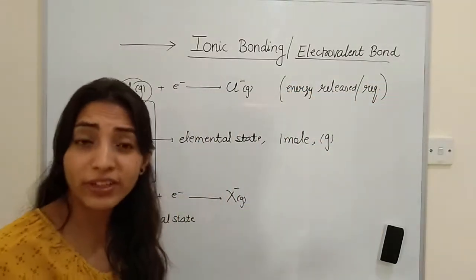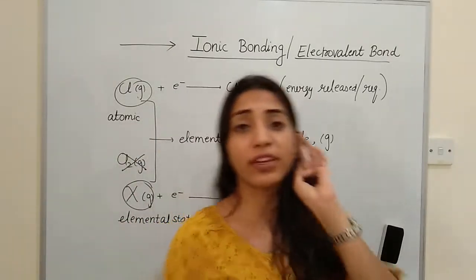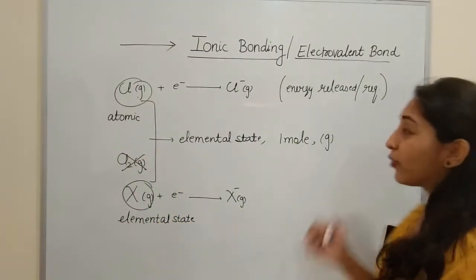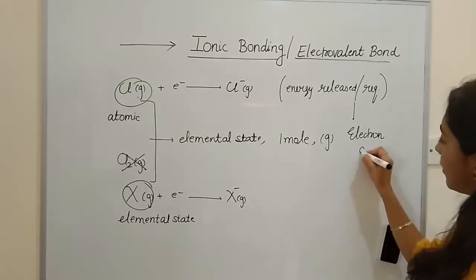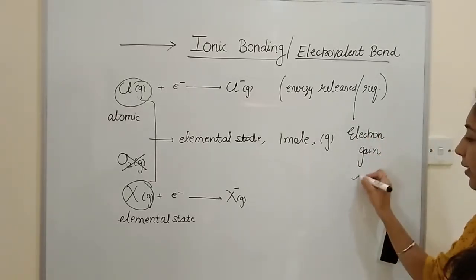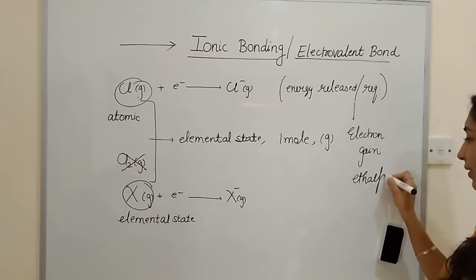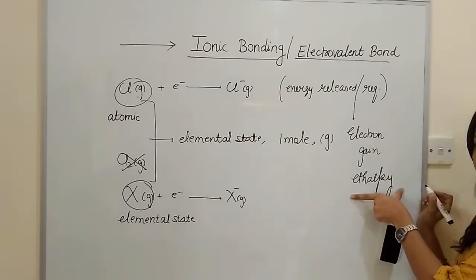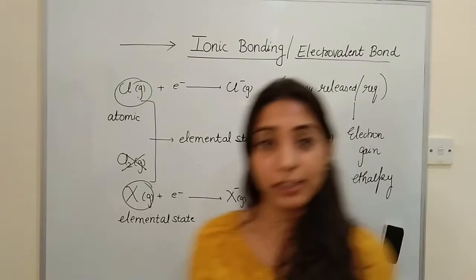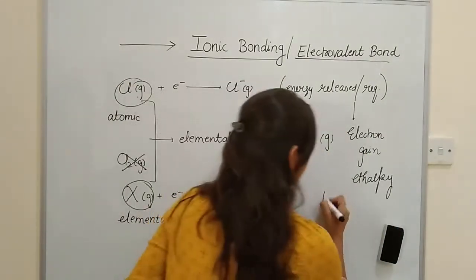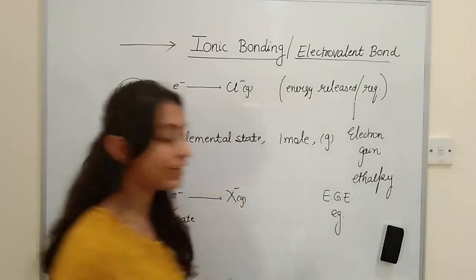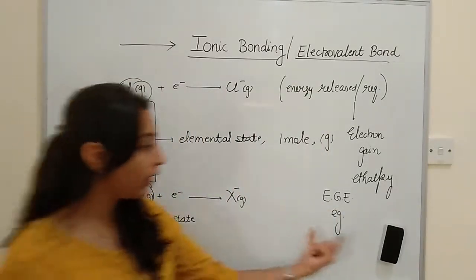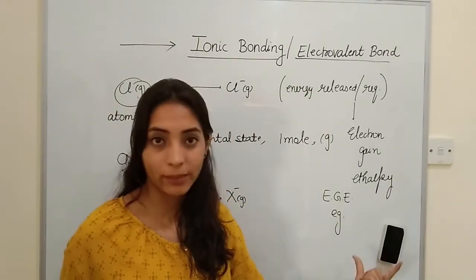And the amount of energy released or the amount of energy required is known as electron gain enthalpy. Don't get confused with the word enthalpy. Enthalpy just means energy. And this in short is written as EGE, or sometimes in books you will see EG. EG is not example, EG is electron gain enthalpy.